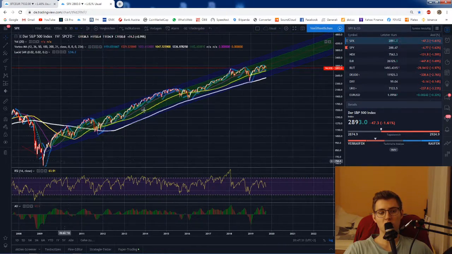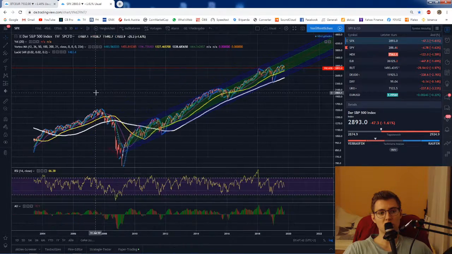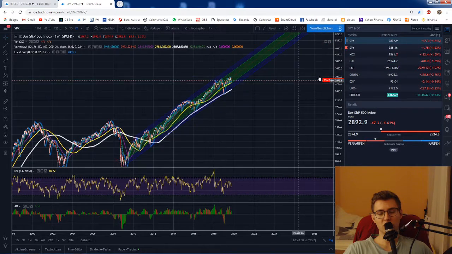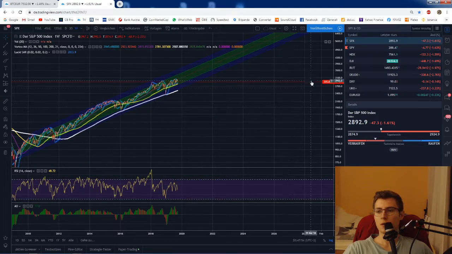So this would be a 10-year cycle. I don't know if it would be normal, but it would definitely be very healthy to see it maybe come down to 1500 points and see a retest of this area and then bounce very sharply up.